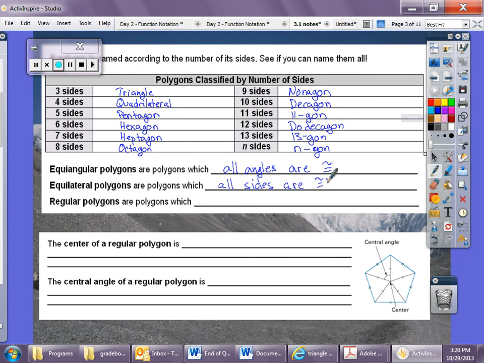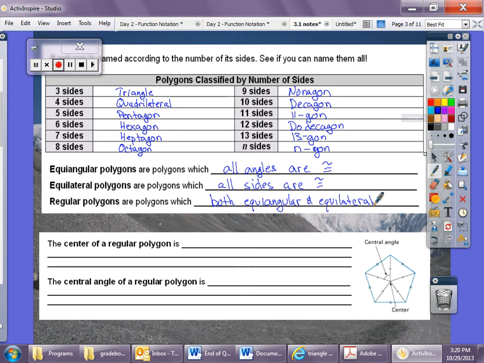And then regular polygons are both equiangular and equilateral. That means all their sides and all their angles are the same, and you get regular polygons.